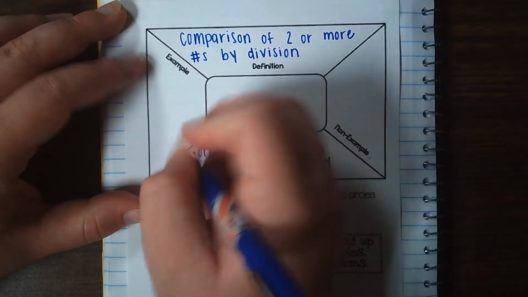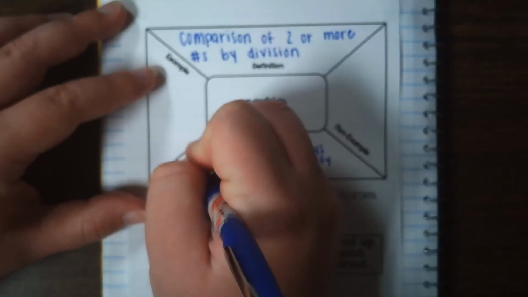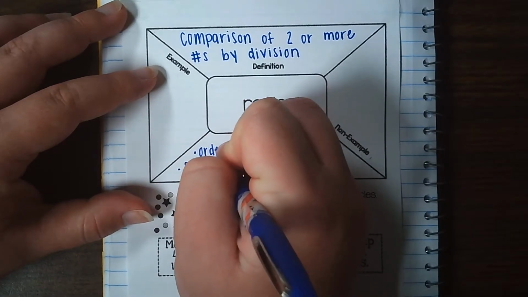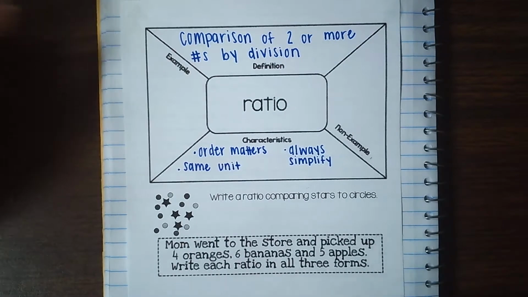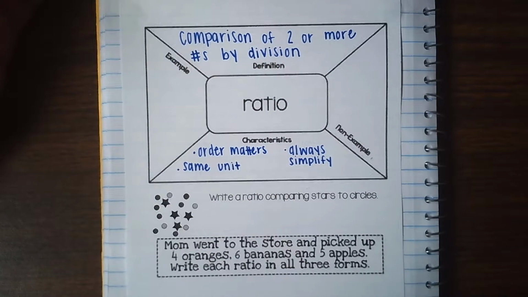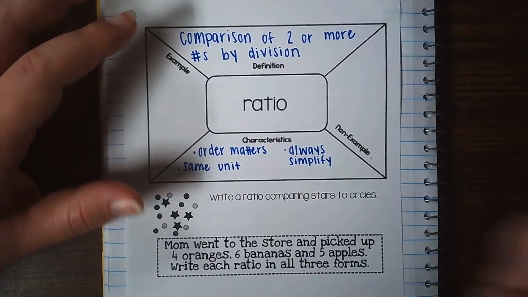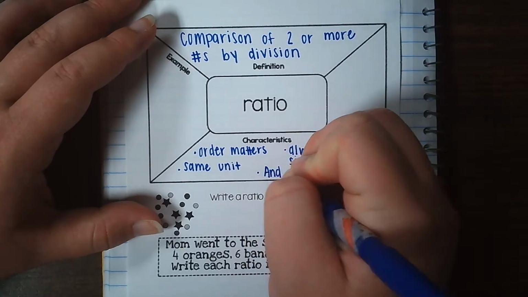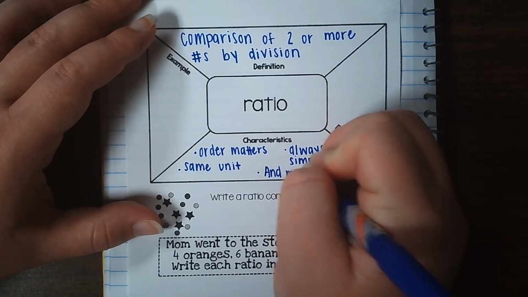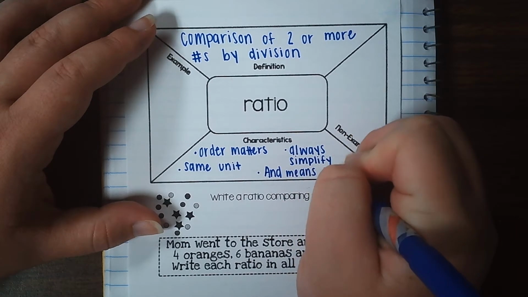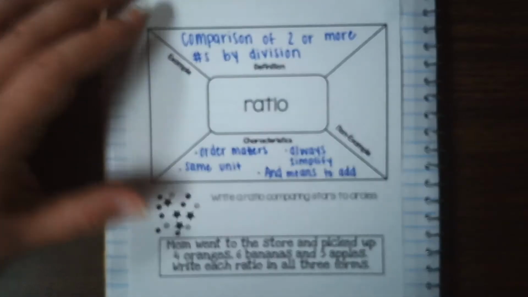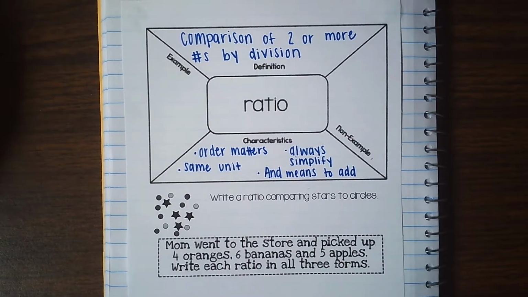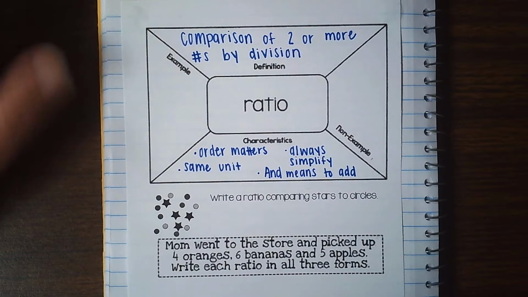We also have to have the same unit or be able to convert it to the same unit. And last, if it says and, that means to add. For comparing the total to, like for example, we did the total to girls who prefer pink and or white shirts, or pink and white shirts. That means we're going to add them together.